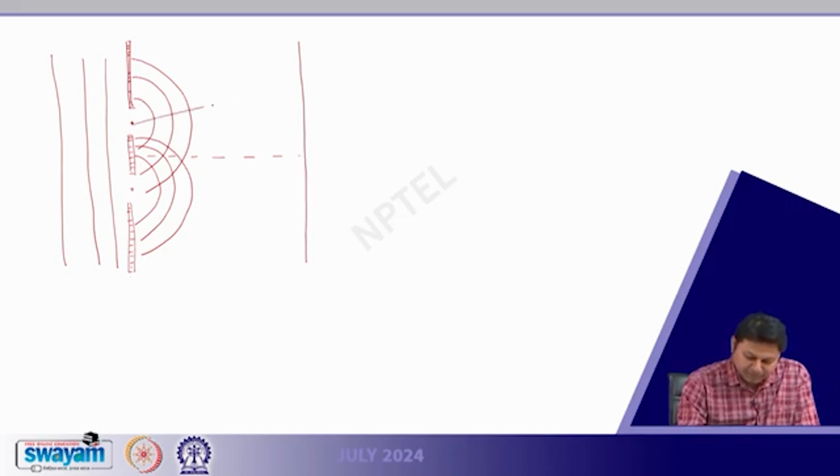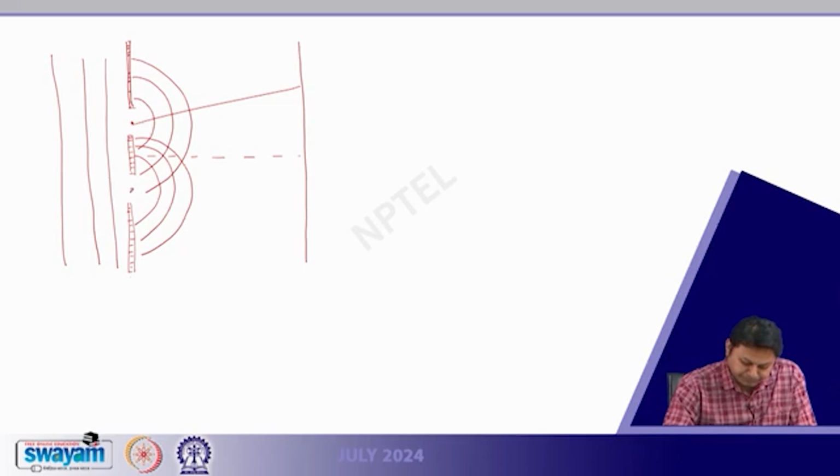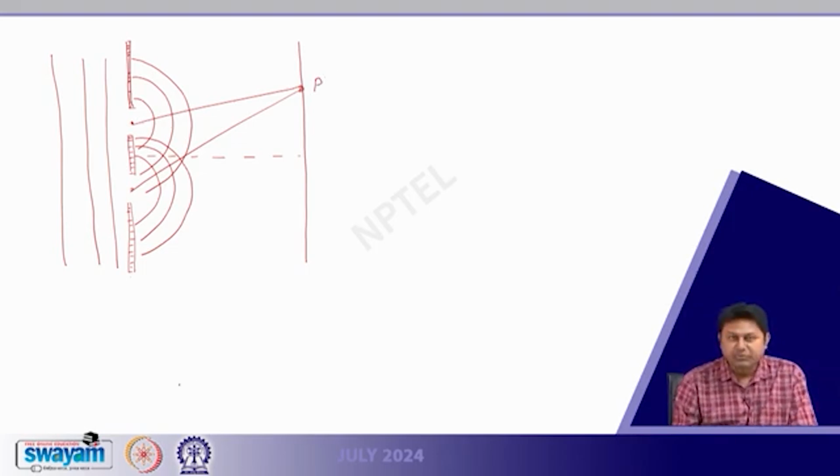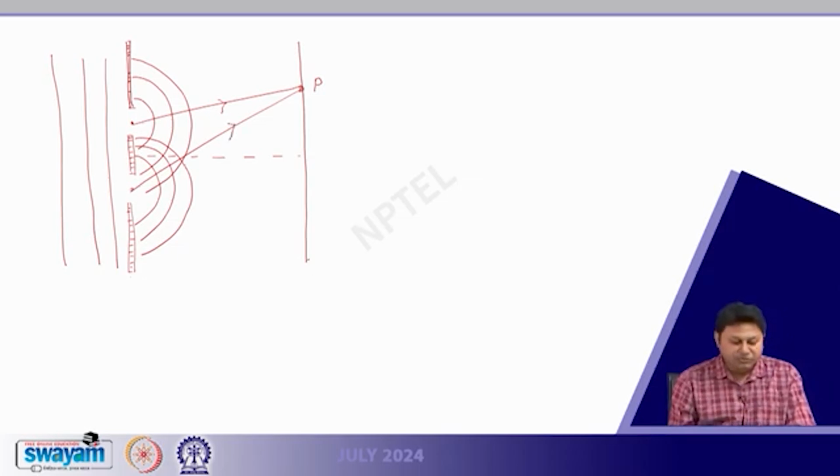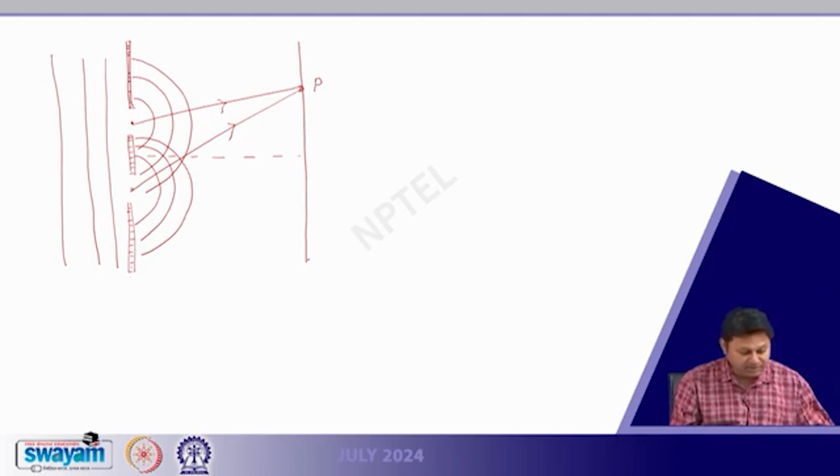If I want to find the intensity at some point P, we will see some intensity pattern. Diffraction and interference both take place together here, and we will see a pattern on the screen. That calculation we will do today from first principles. The way we calculated for the single slit, we will continue with this and try to understand what is going on.